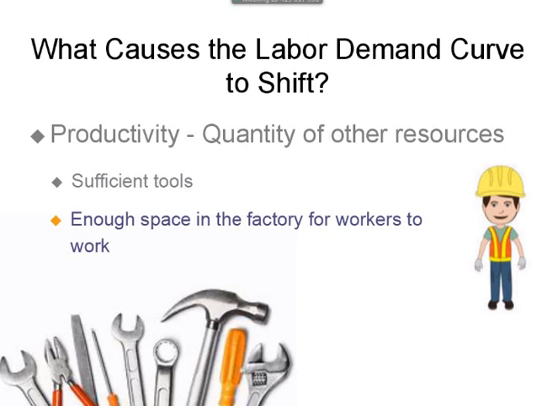If tools are not given enough, if enough space is not given to the workers, then some of the workers become idle. Okay. Now, if they are idle, that means they are not producing at that point of time. That means productivity for that labor will decrease. Not only that, it will also affect the overall productivity of the firm.